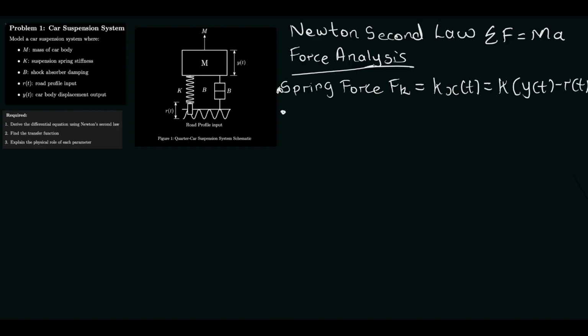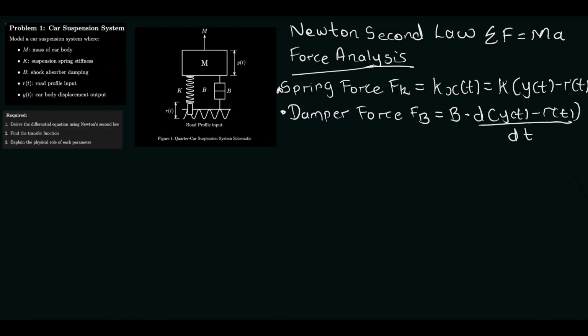Then next we have the damper force. That's your Fb. That's equal to your B multiplied by the differential of the displacement. That's d(y(t) minus r(t)) over dt.